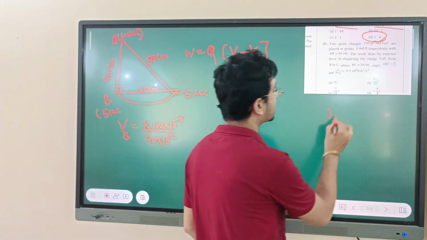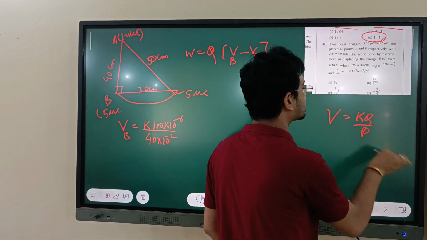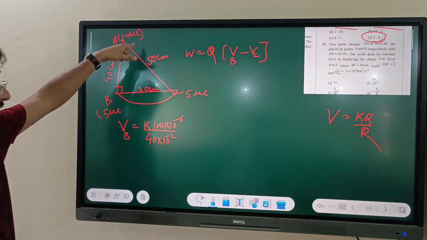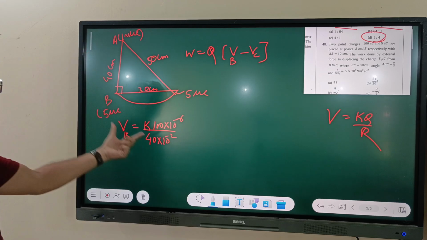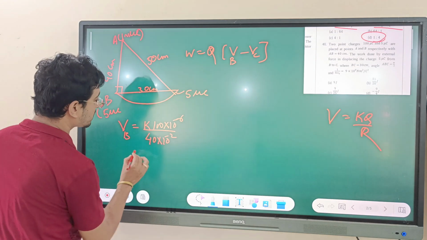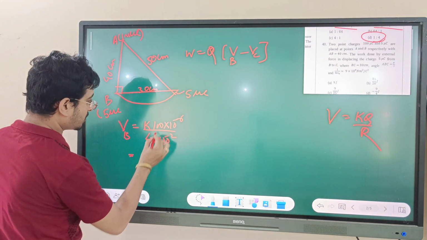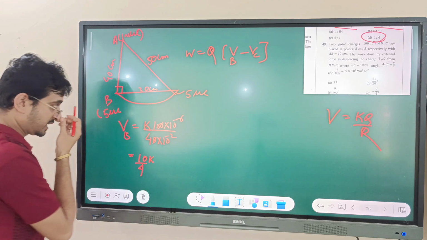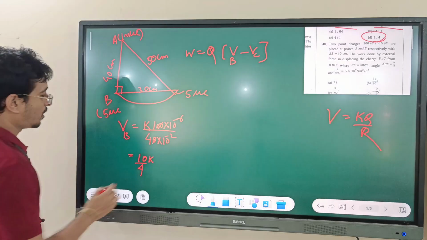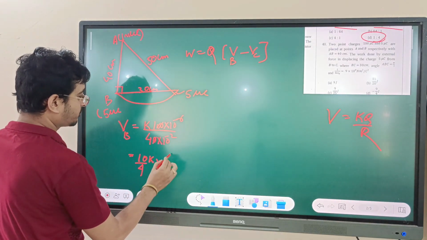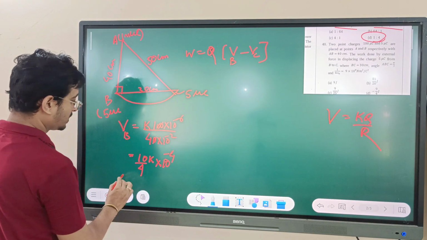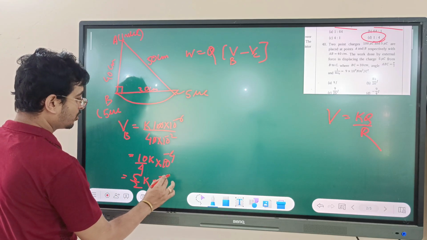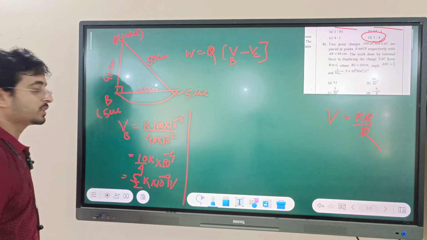The general formula for potential is V equal to KQ by R. So this will be 10k by 4 of 10 to the power minus 4, which is 5 by 2 k of 10 to the power minus 4 volt. This is my potential at point B.